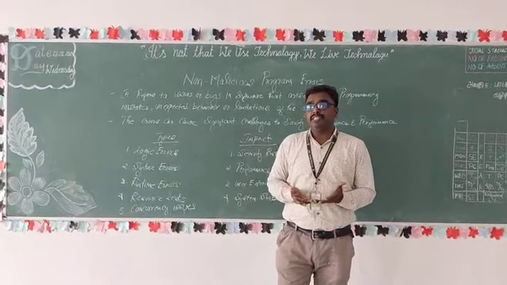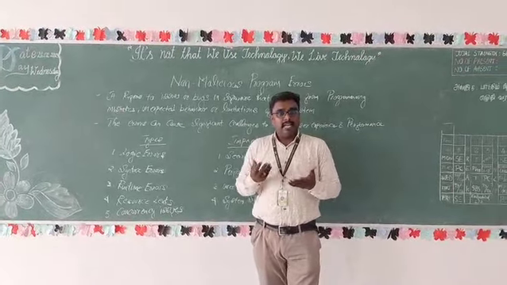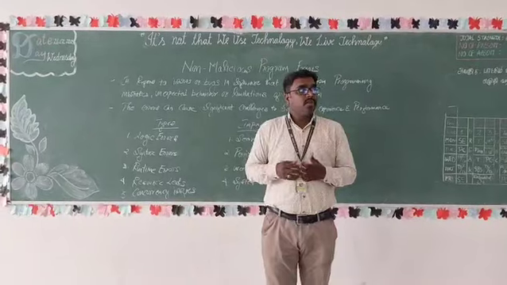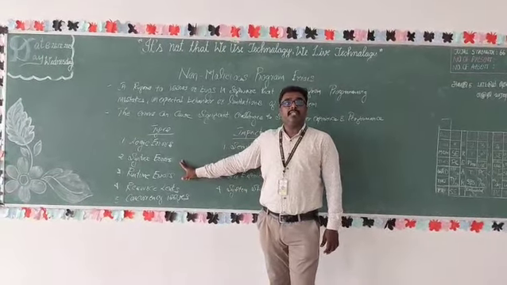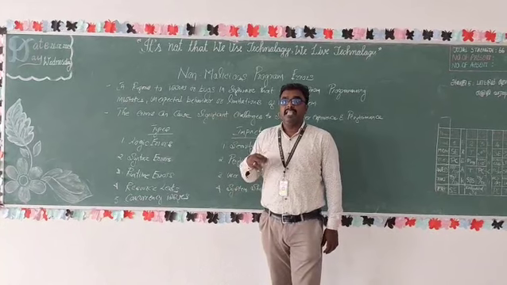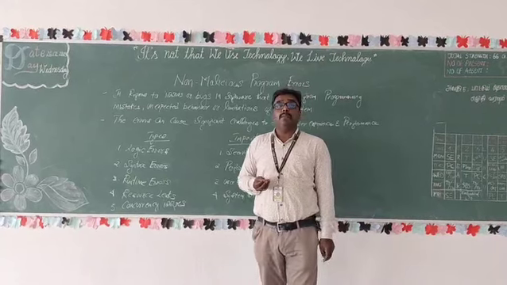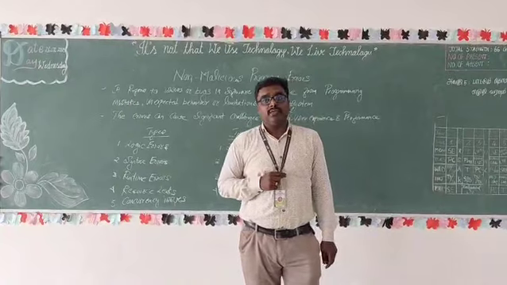Second one is syntax errors. As computer science students, we will be learning programming languages and writing a lot of programs. Each programming language has its own syntax, the way to write. For example, in C or C++, we have to put a semicolon at the end of a statement.